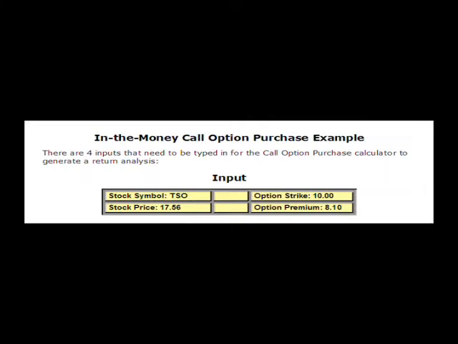There are 4 inputs that need to be typed in for the call option purchase calculator to generate a return analysis for this in-the-money call option. We would type in the stock symbol TSO, stock price of 17.56, option strike of 10, and the option premium of 8.10.